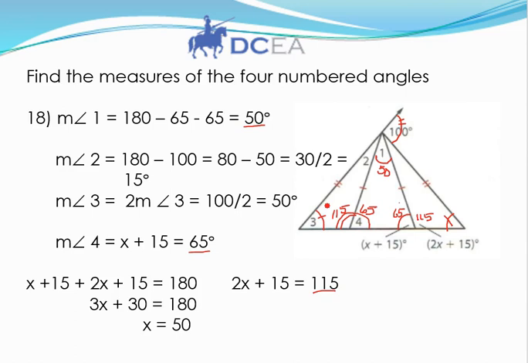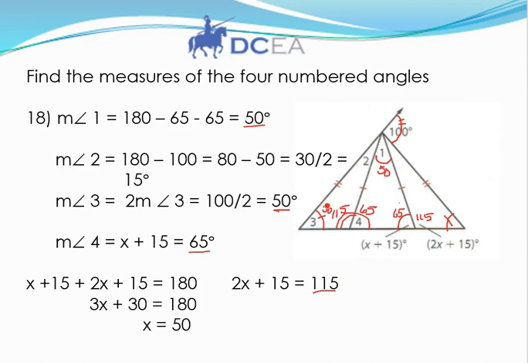So the two angles for number 3 must add up to the 100 degrees for the exterior angle. So 2 times the measure of angle 3 will equal 100, and that's divided by 2 angles, so the measure of angle 3 is 50.